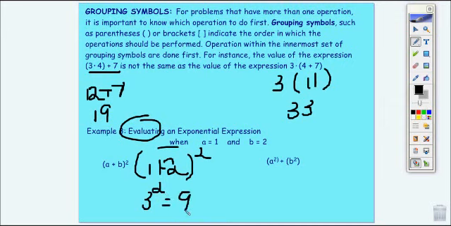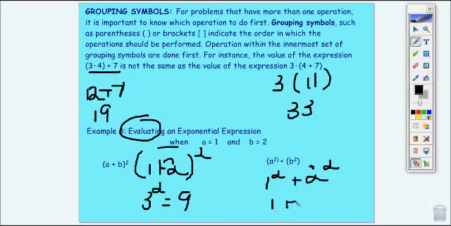Now in the next one, our grouping symbols are around each one of the variables. So we have a squared plus b squared. So in this one, we would have 1 squared plus 2 squared, so both of those are squared. 1 squared would be 1 times 1, which is 1.